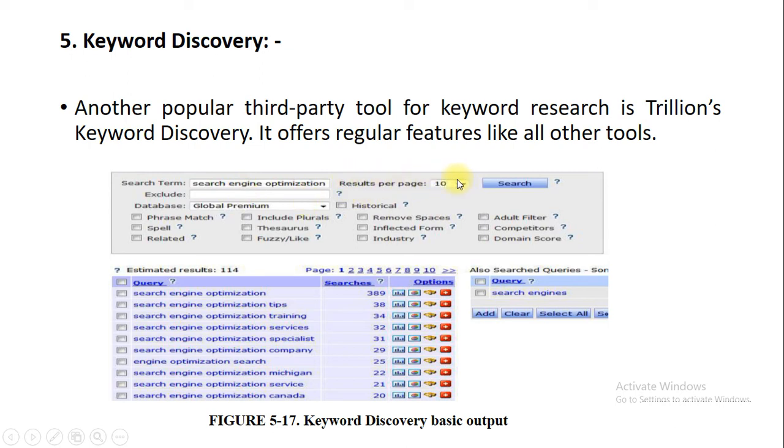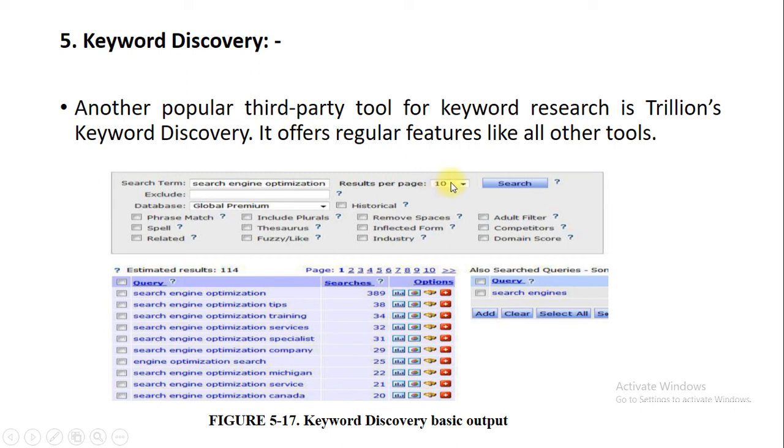Now see, over here it gives you the facility to display results. I have selected results per page of 10. So on one page you are able to display 10 links: 1, 2, 3, 4, 5, 6, 7, 8, 9 and 10.